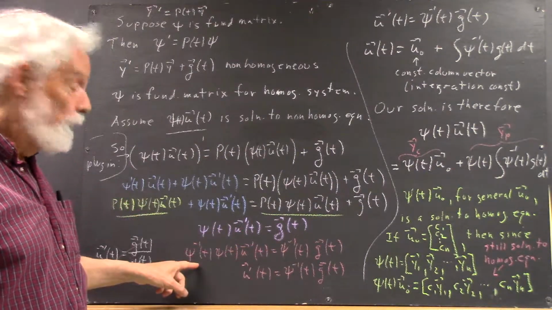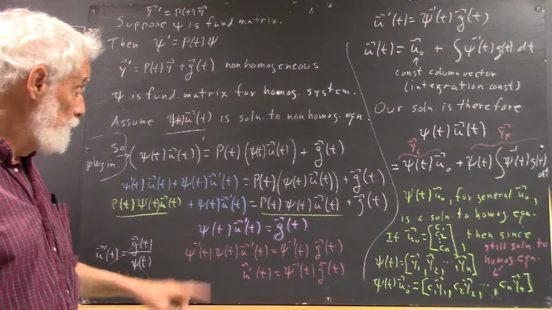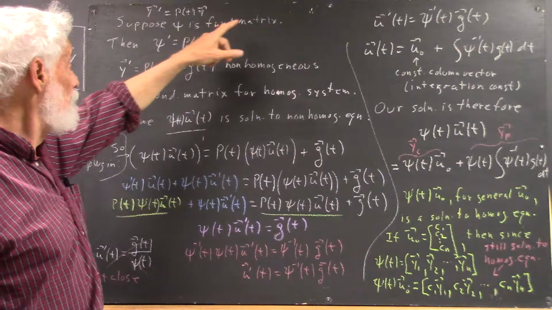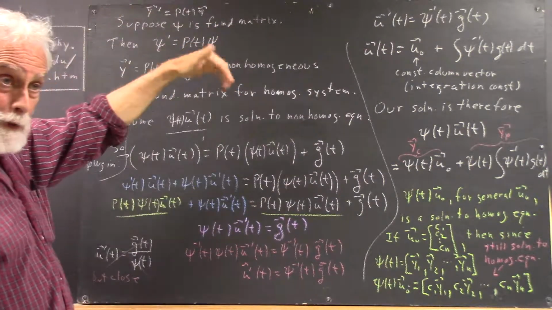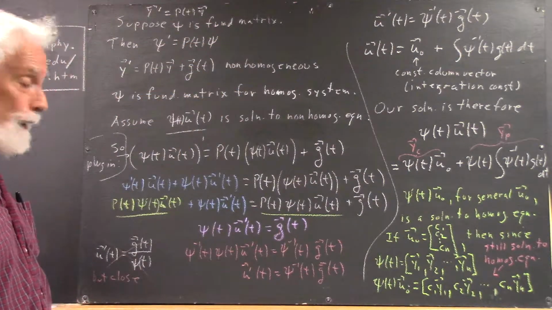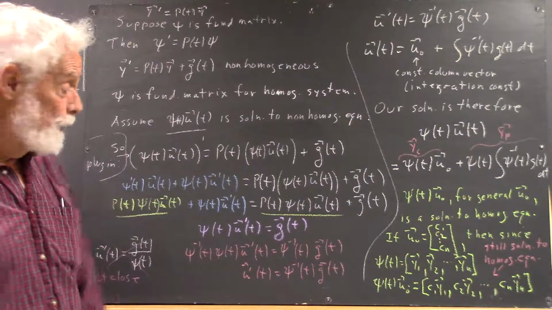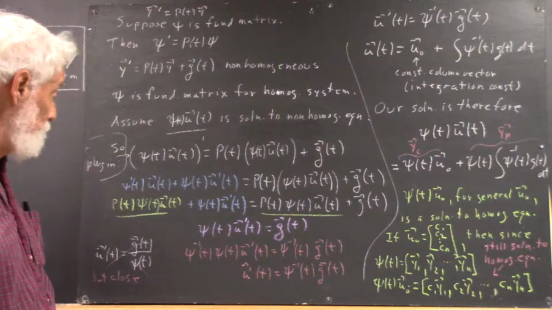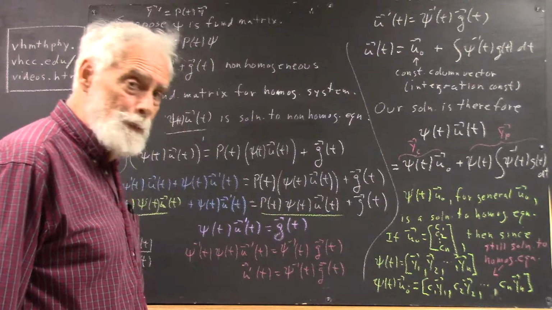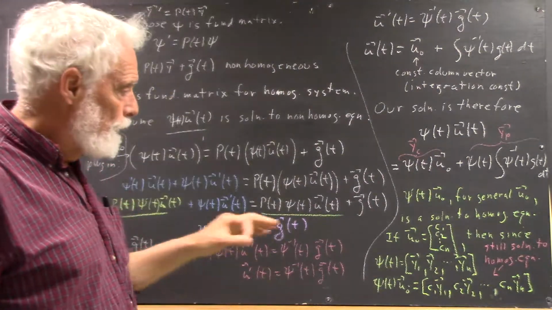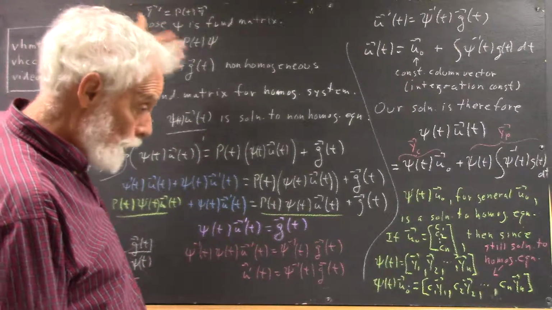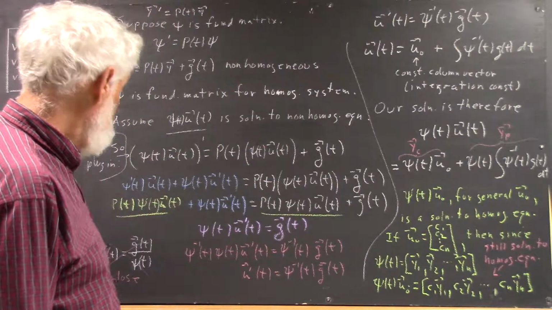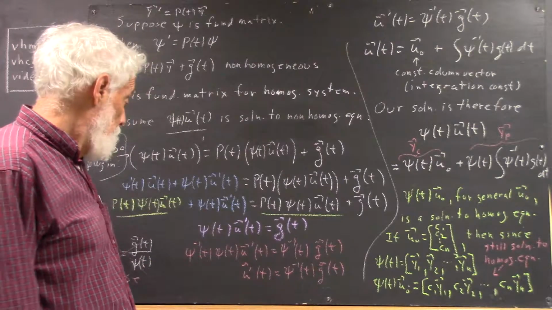Why can we do that? We have to be able to invert psi. But psi is a fundamental matrix of a fundamental set, so its Wronskian has to be non-zero. The Wronskian is just the determinant, so the psi matrix is automatically invertible if you've checked the determinant to make sure you have a valid psi matrix.